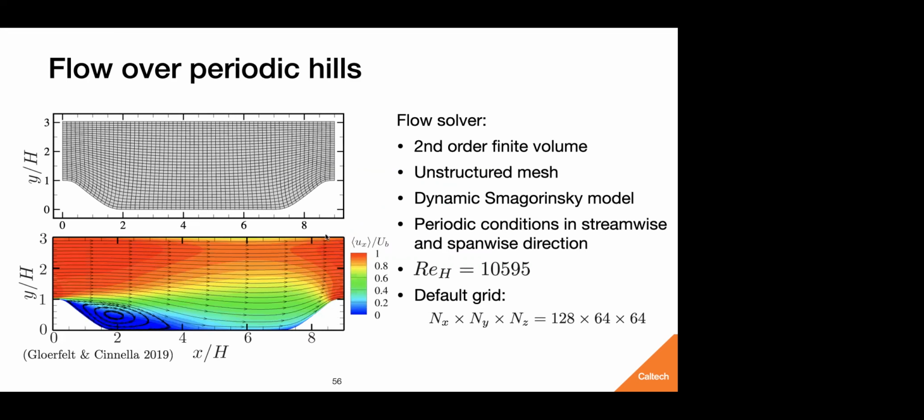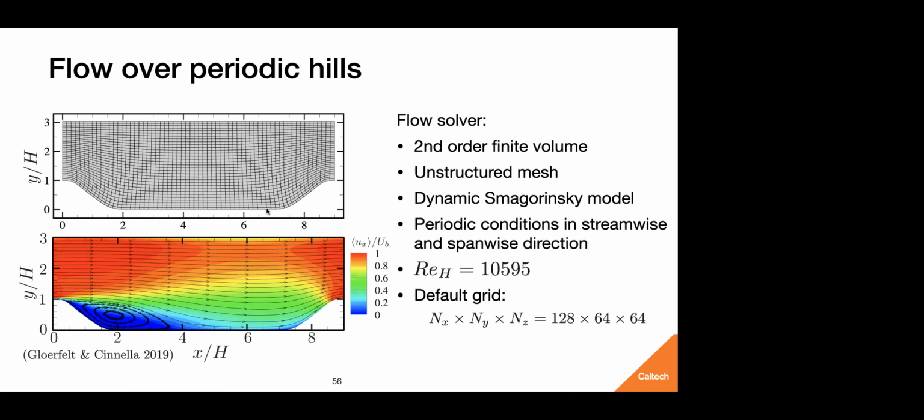So for that, we extended our training. We wanted a flow configuration that had all the features we wanted in a non-zero pressure gradient flow. So we chose this configuration called the flow over periodic hills, where we have a periodic domain in X and Z, and this bump that is repeated infinitely many times.